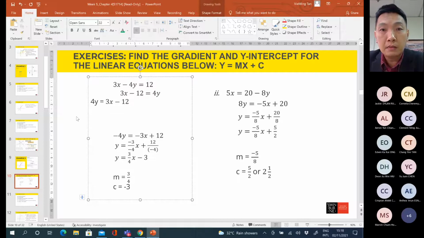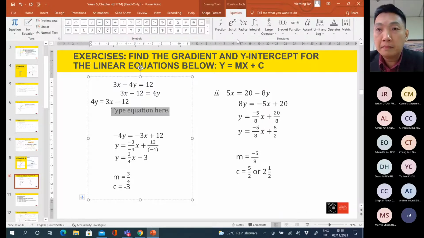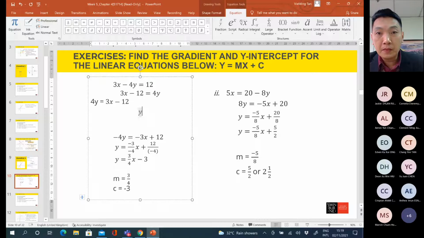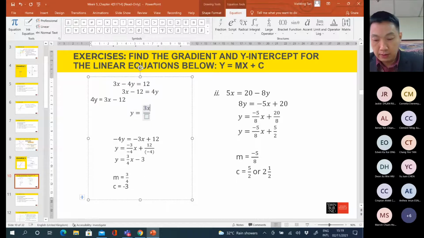Continue the same process. Next, we have to move the 4 to the left-hand side so that y will be alone, in order to form this pattern of equation. So y is equal to 3x minus 12, divided by 4.